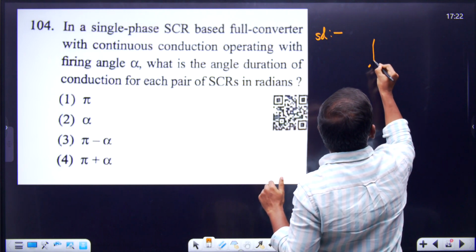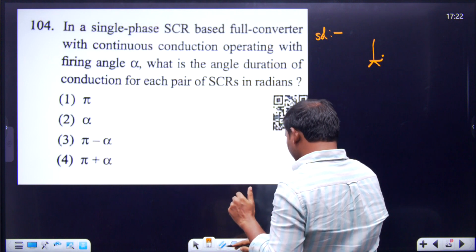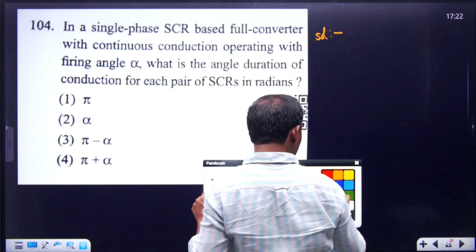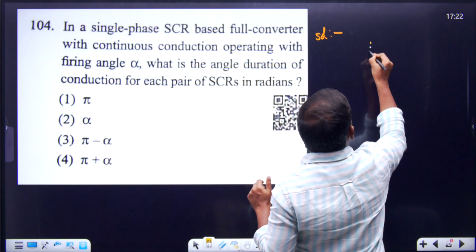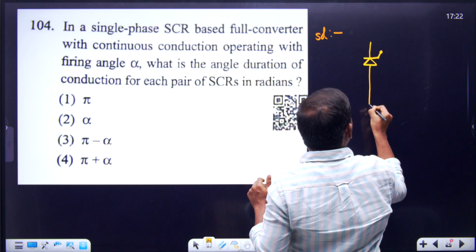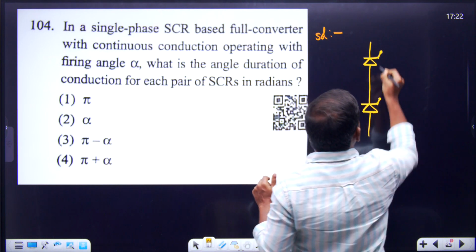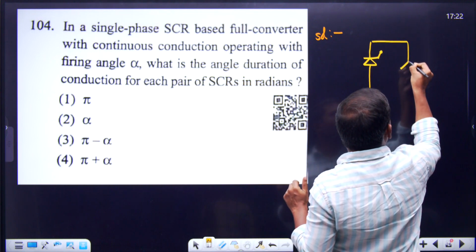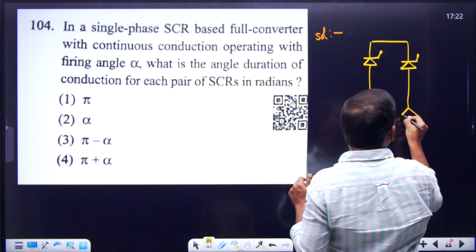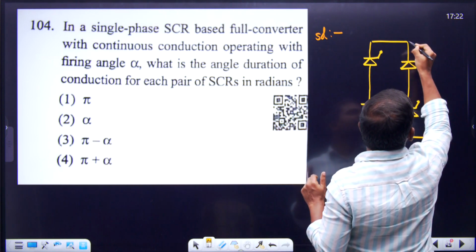A fully controlled rectifier, that you have to concentrate on. It's a direct question, direct formula. Just conduction angles only. Once you know the conduction angles, answering this question is very easy.